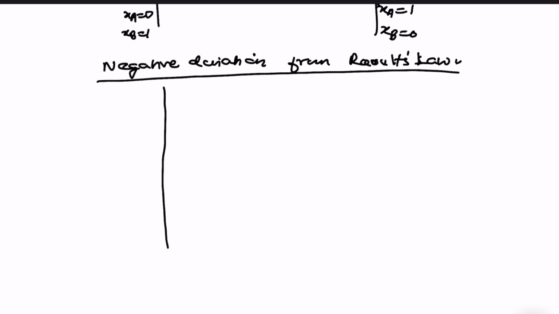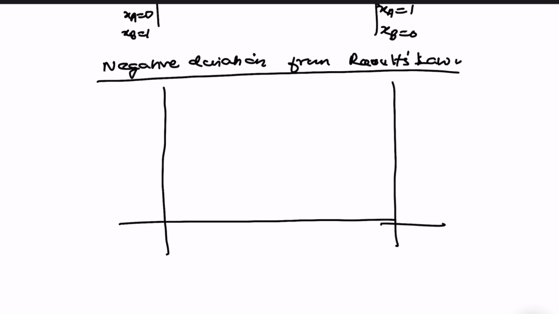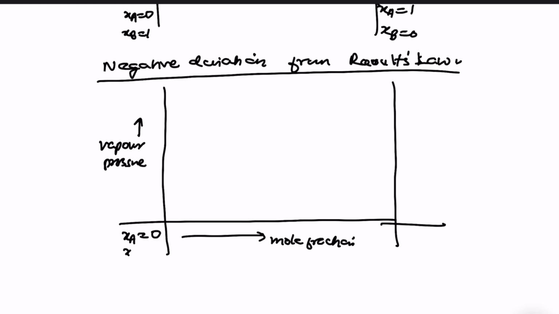Then the graph between vapor pressure and the mole fraction. On the y-axis I am having vapor pressure, and here I am having the mole fraction. Suppose here xA is 0, xB is how much? 1. Here xA is how much? 1, xB is 0.